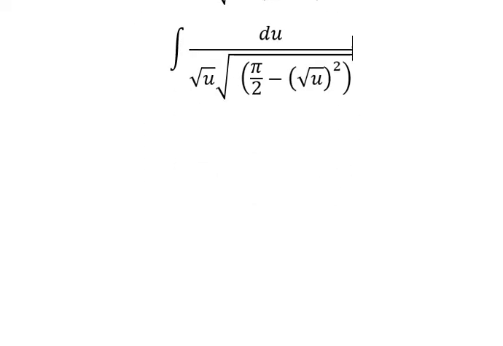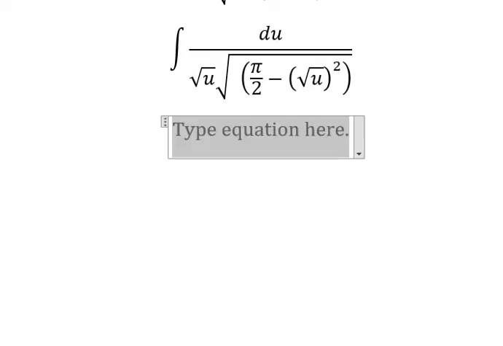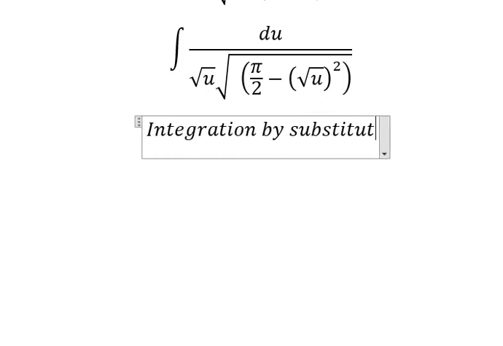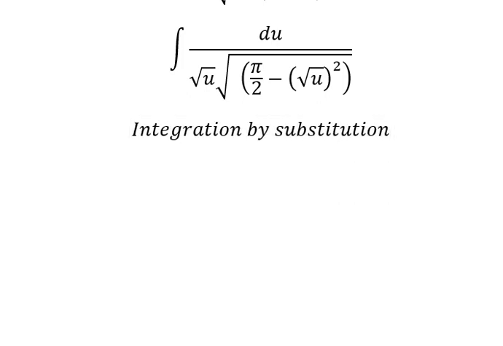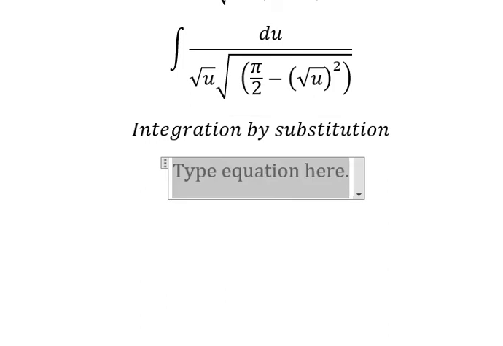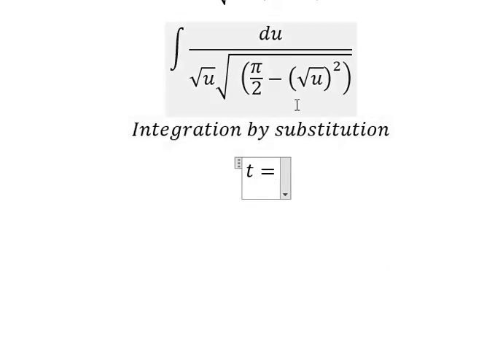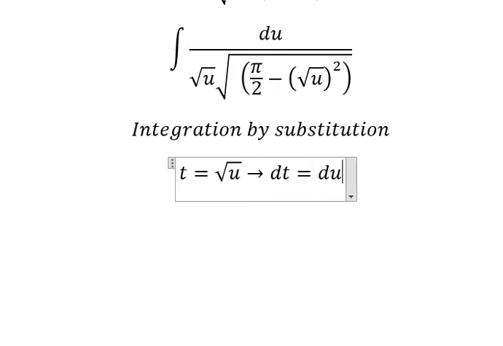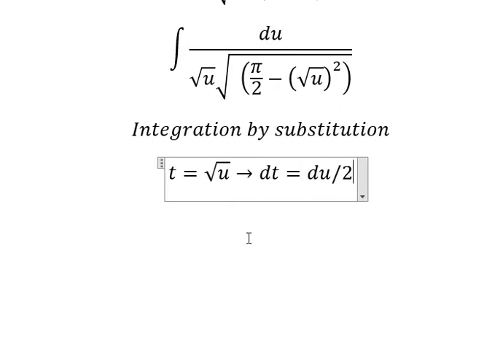Now we need to use integration by substitution. So I will put t equals the square root of u. Later, we take the first derivative of both sides, and we have du over 2 times the square root of u.